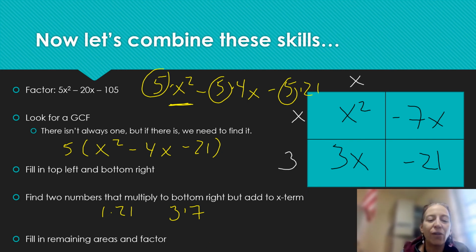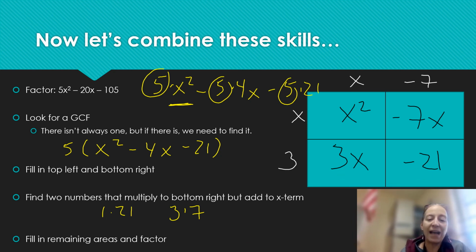And then you can do the last one using either of the boxes and then use the remaining box as a check. So if you had x and then the area is negative 7x, then this would have to be negative 7. And then use that last box as a check. Negative 7 times positive 3 is negative 21. So you know that it works.